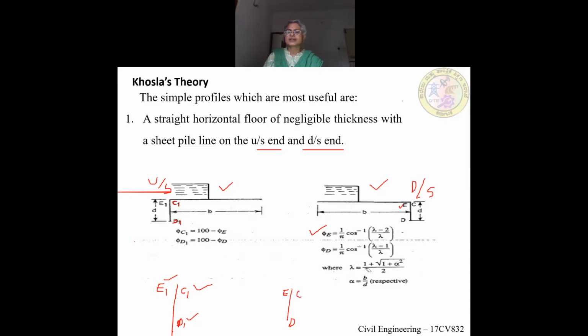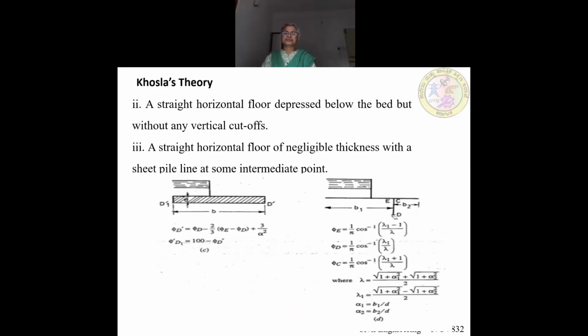So you remember it in that way. Alpha is b by d, where b is the distance between the upstream pile and the downstream pile. And you should also remember that the depth of the pile in both cases should be the same.